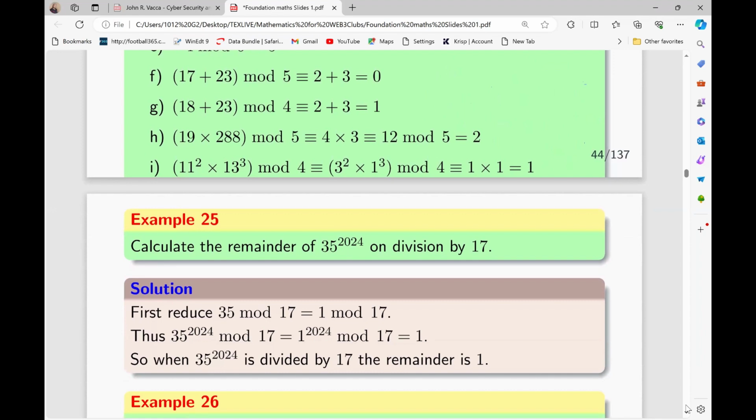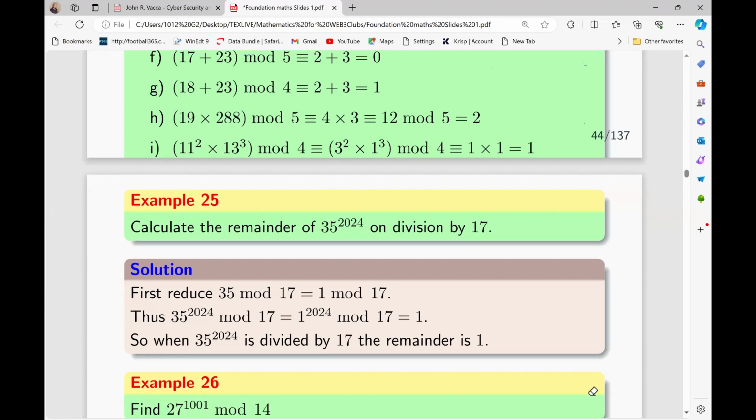The remainder is very important when you're looking at modular arithmetic. So this person takes 5, raises it to 2024, then divides by 17. He's asking us the remainder. What is the remainder?